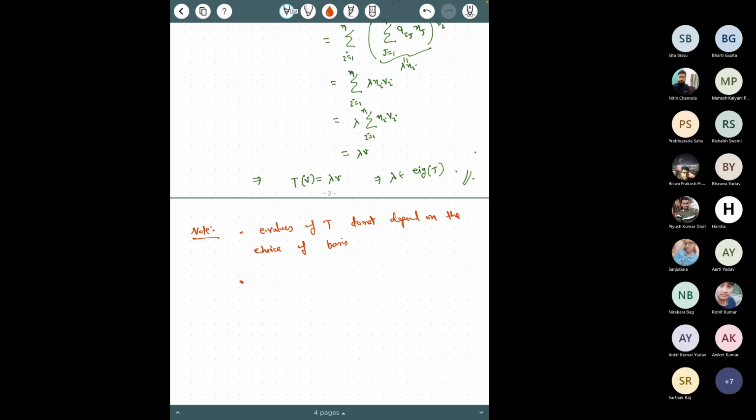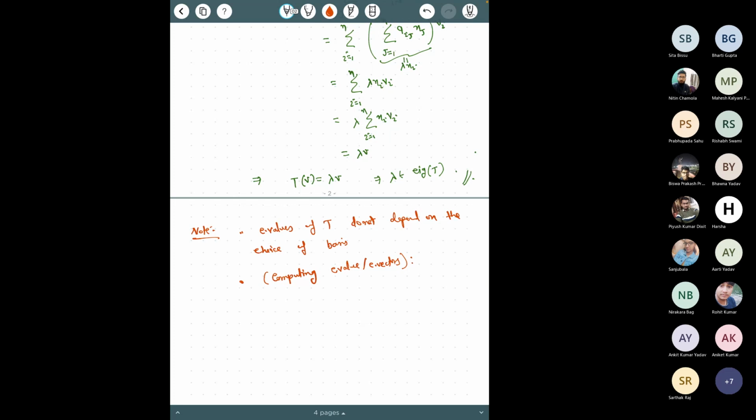Secondly, how to compute these eigenvalues and eigenvectors. There is an easy process to compute eigenvalues and eigenvectors. I mean, in theory there is a way, and in practice one can also do it, but that is different. You know how to compute eigenvalues of a matrix, right?